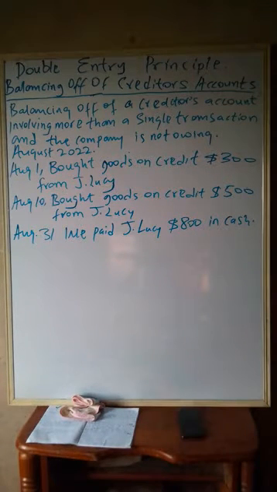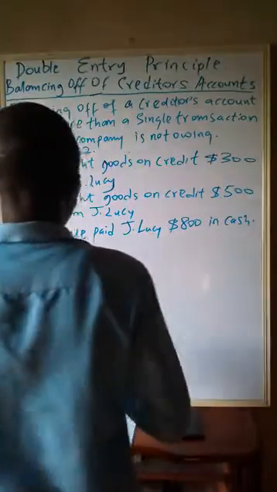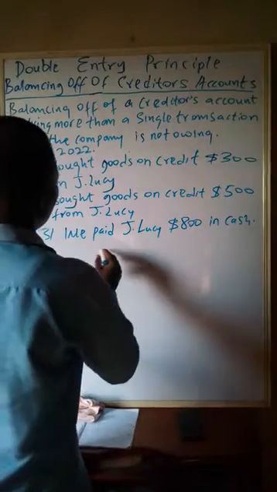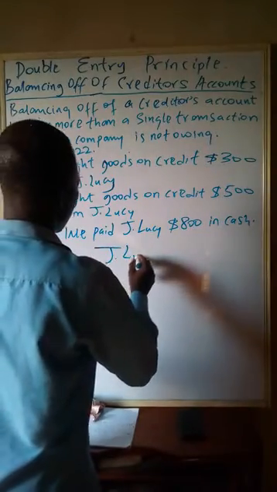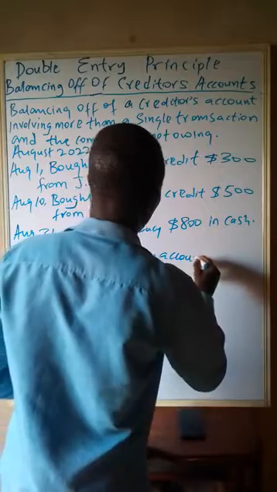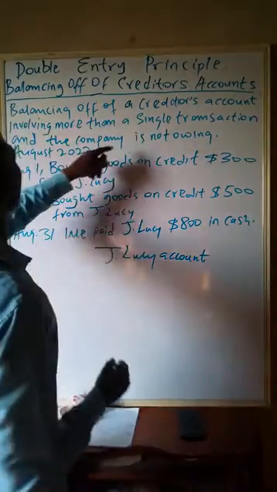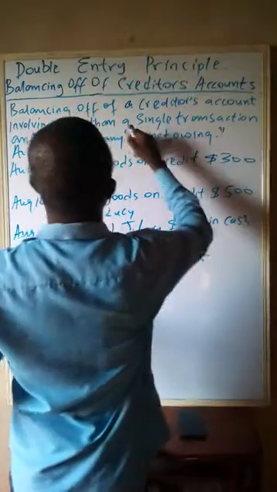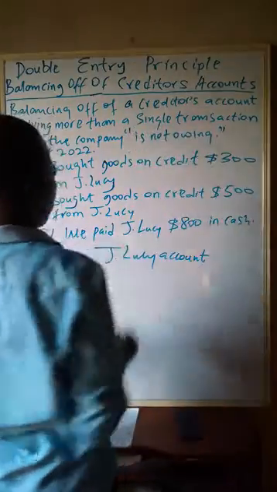So how do we balance up these accounts? We open the suppliers account, and in suppliers account, J. Lucy account. And mind you, the company is not owing.